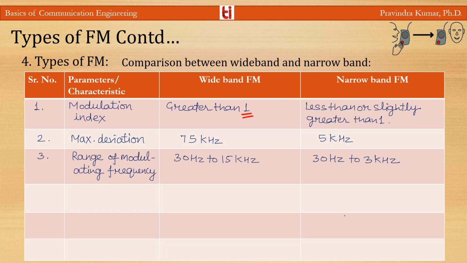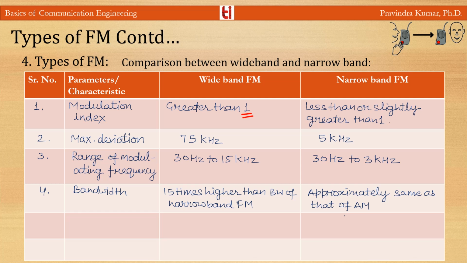The range of modulating frequency in wideband is 30 hertz to 15 kilohertz, and in narrowband it is 30 hertz to only 3 kilohertz. The bandwidth of wideband FM is large, about 15 times higher than narrowband FM, and in narrowband FM it is approximately the same as that of an AM signal, equal to 2fm.